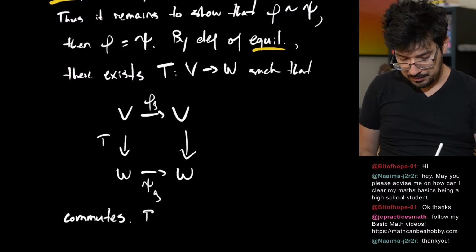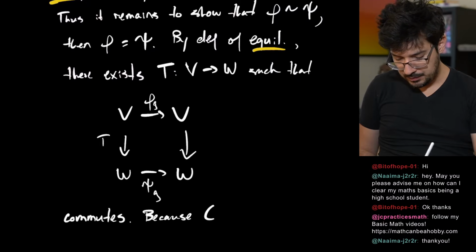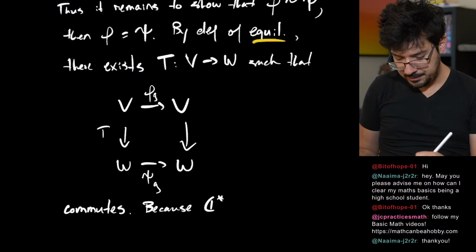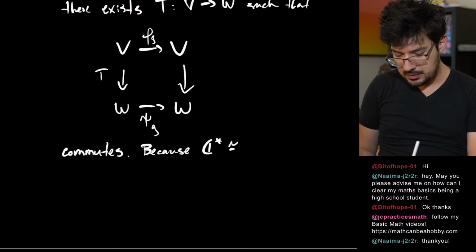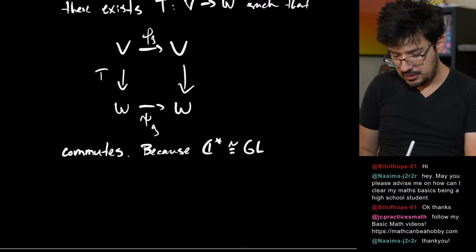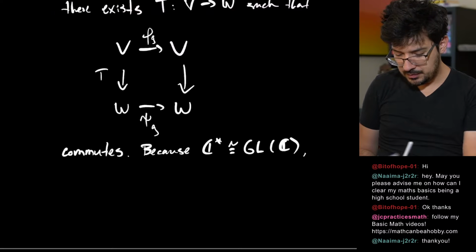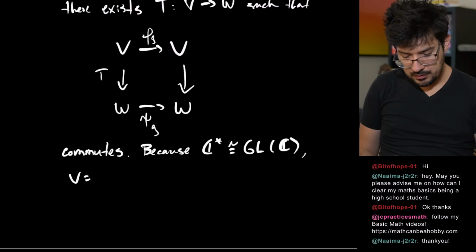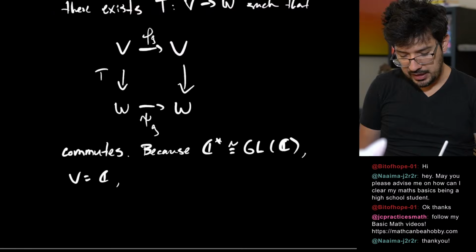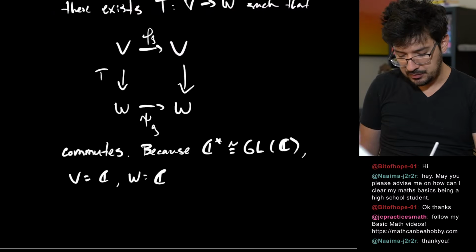So, because C star is isomorphic to GL1 of C, which is isomorphic to GLC, we can take V as the complex numbers and W as the complex numbers.